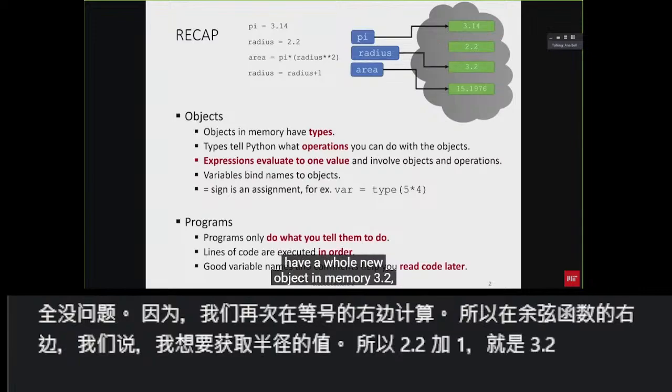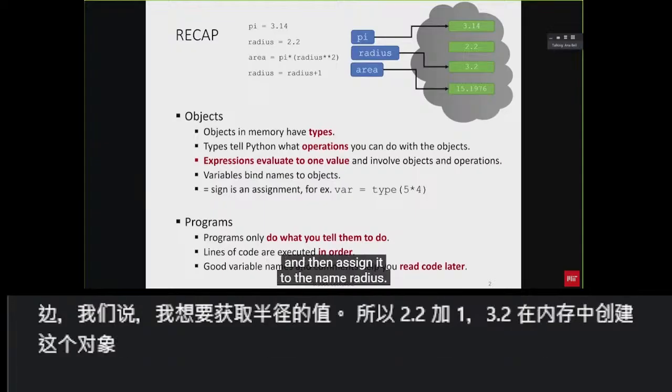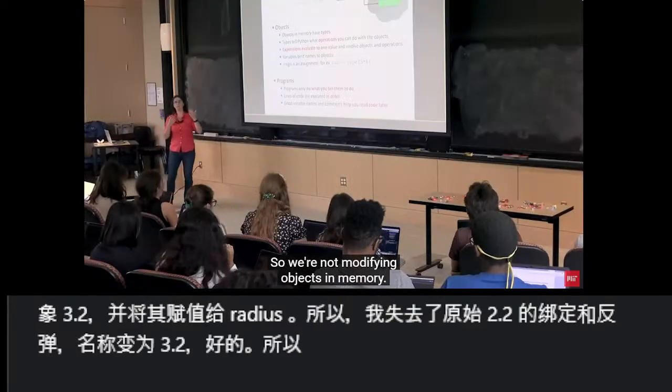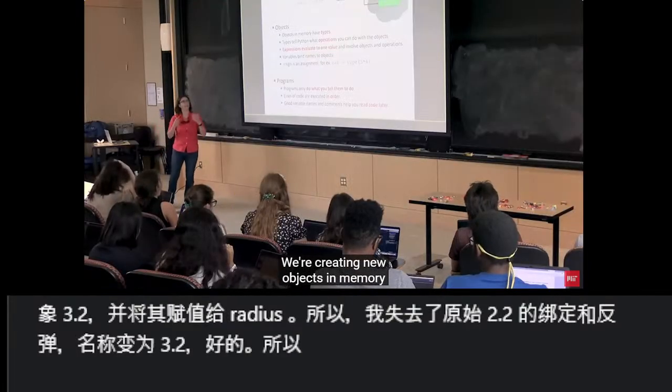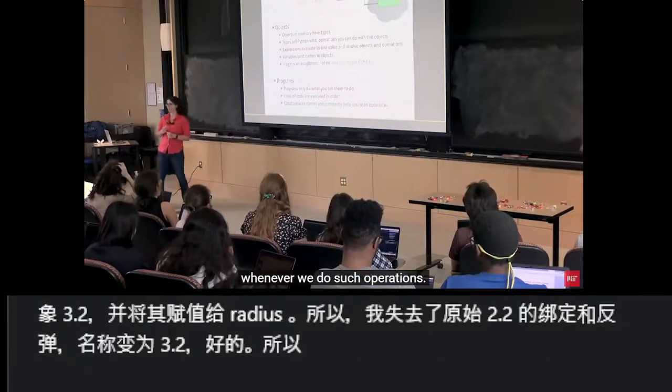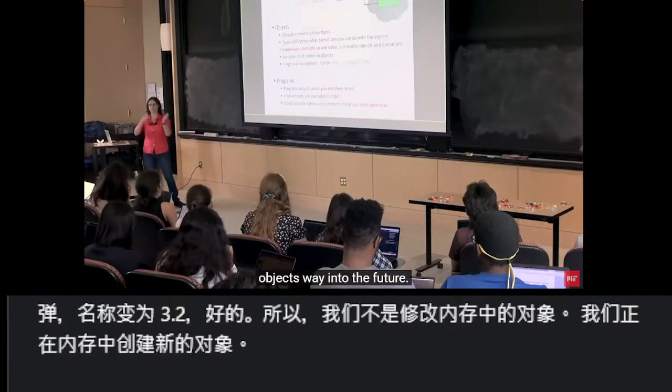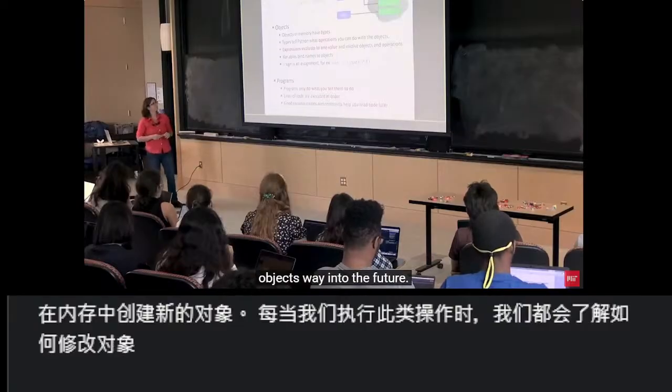Here I have a whole new object in memory, 3.2, and then assign it to the name radius. So I've lost the binding from the original 2.2 and rebound the name to 3.2. Okay? So we're not modifying objects in memory, we're creating new objects in memory whenever we do such operations. We're going to see how we can modify objects way into the future.